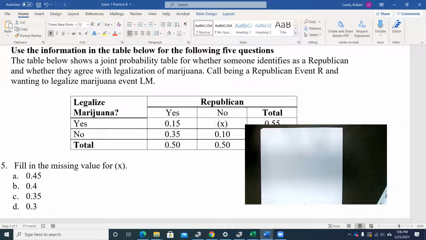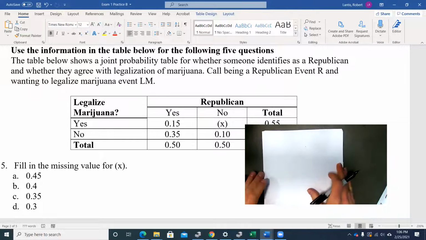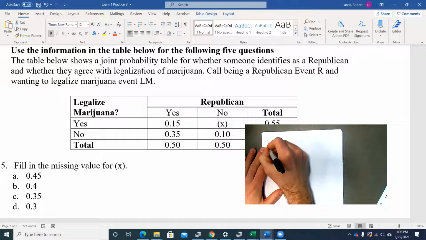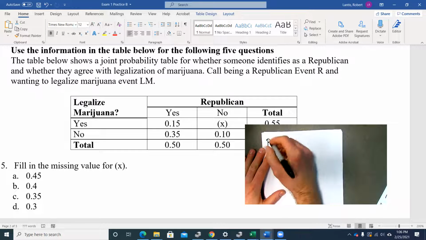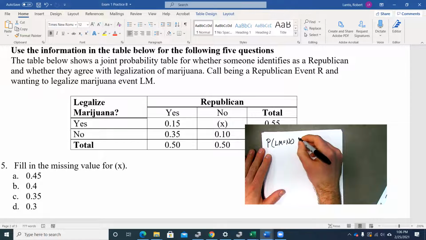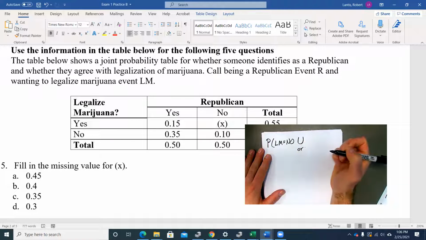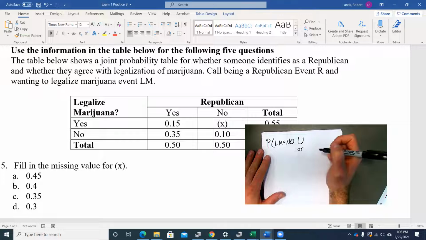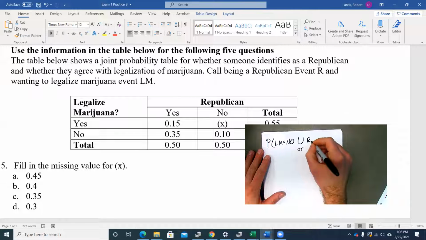But what if instead I was asked for not an intersection or a conditional probability, but let's say I was asked for the probability that, I don't know, someone doesn't want marijuana legalized, or, right, looking for the union there, or they're kind of a Republican.